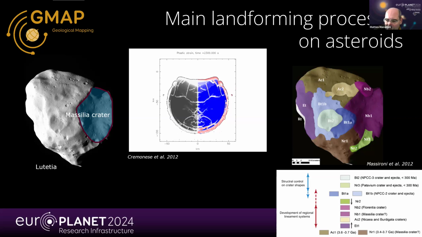So what you have to do when you make geological mapping of these asteroids is to date, relatively, the impact events on the initial body.